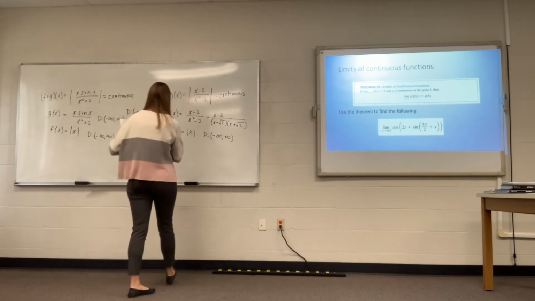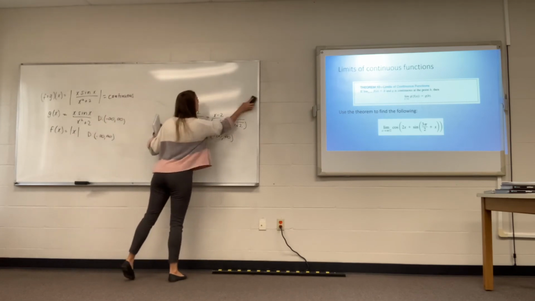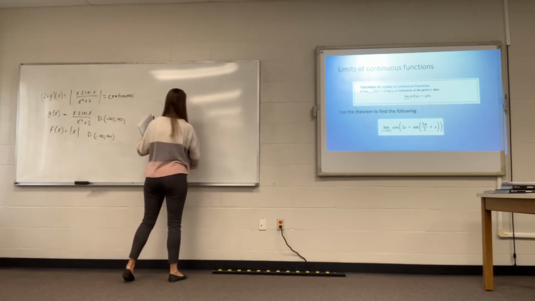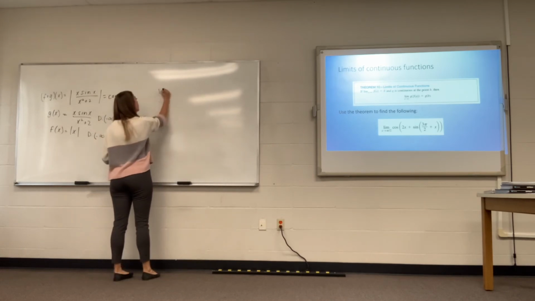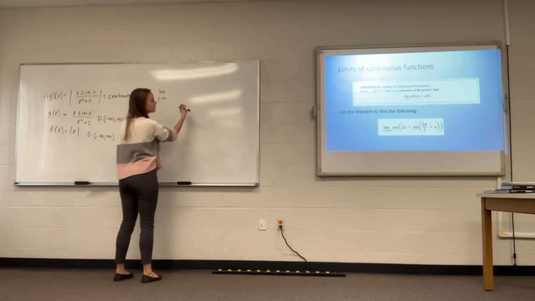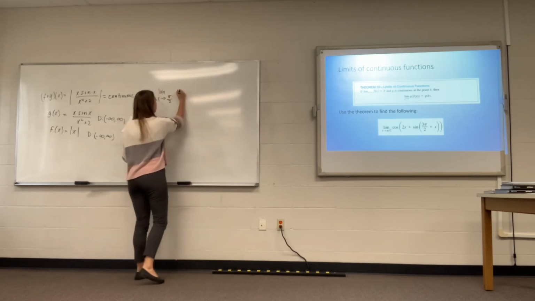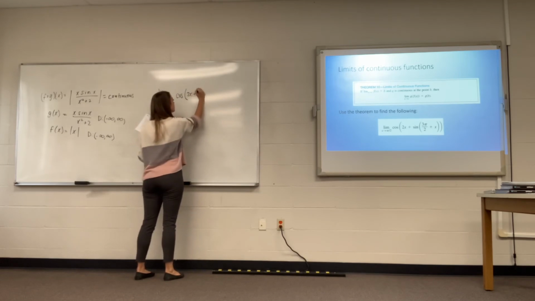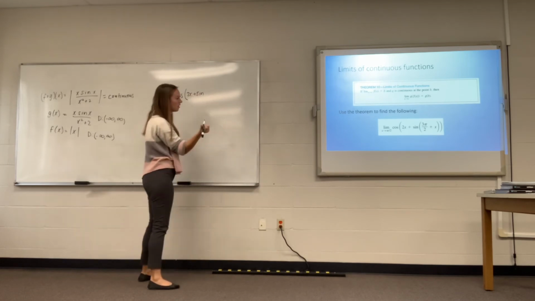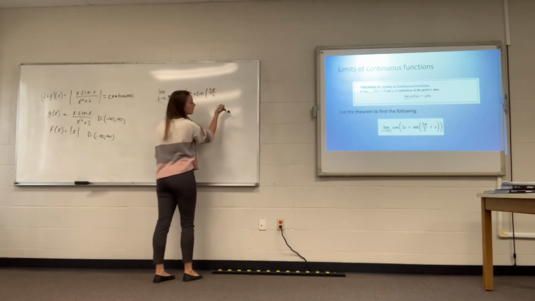Okay, so for this one, I have the limit as x approaches pi over 2 of cosine of 2x plus sine of 3 pi over 2 plus x.